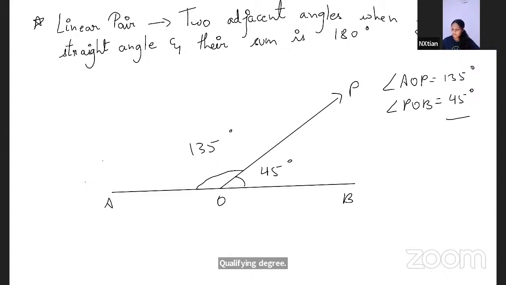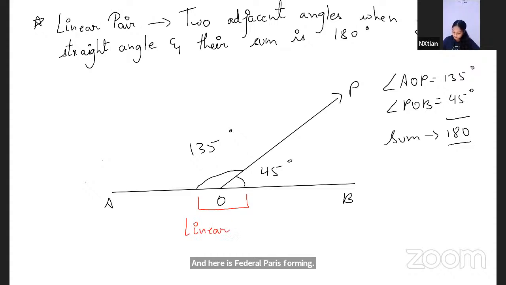Their sum is 180 degrees. And here is where the linear pair is forming. These two are forming a linear pair.